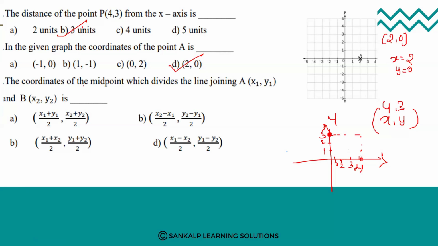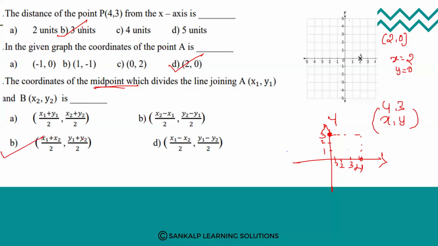Next, the coordinates of the midpoint which divides the line joining (x1, y1) and (x2, y2). Midpoint anta bandaga, which formula are you going to use? See, my dear children, this is very important. Midpoint anta bandre (x1 plus x2) divided by 2, (y1 plus y2) divided by 2.